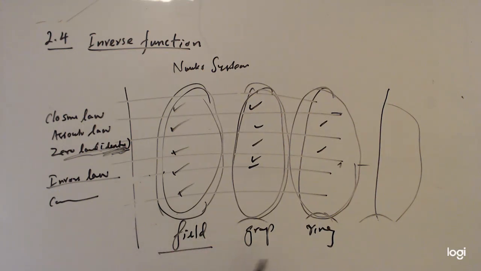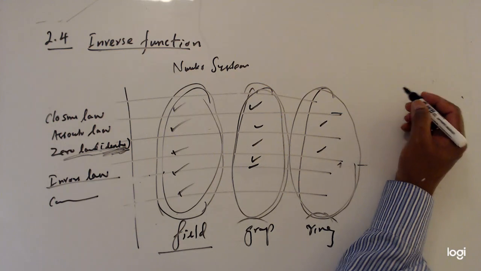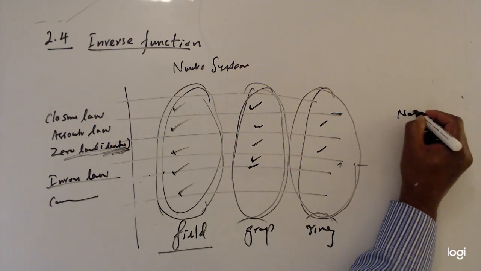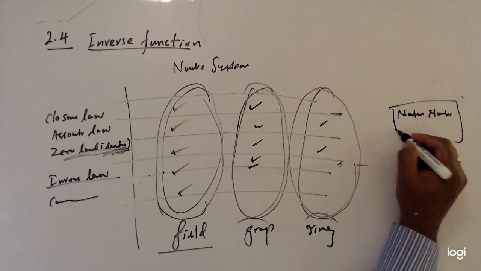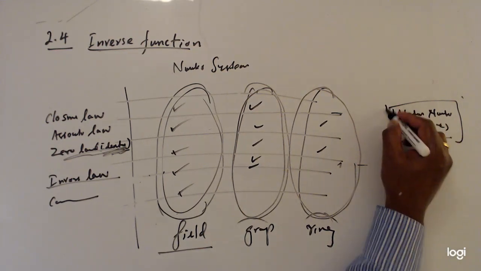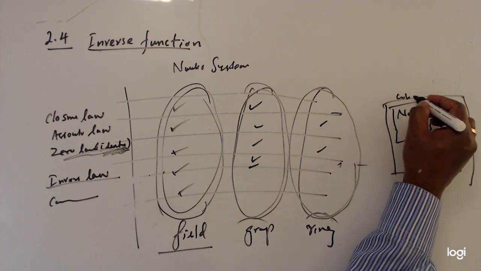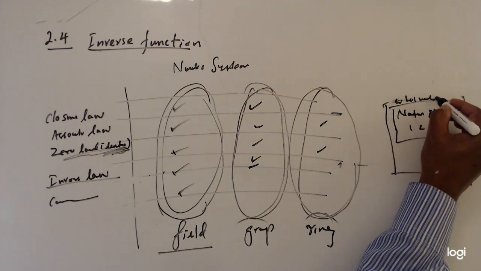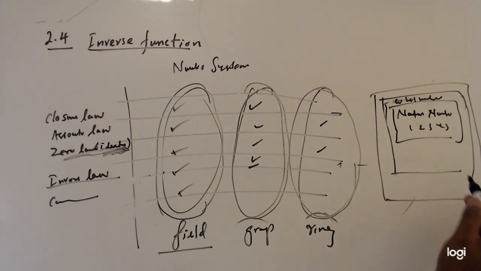For example, what are the number systems? We have natural numbers: one, two, three, four, five. Then whole numbers, and then integers.